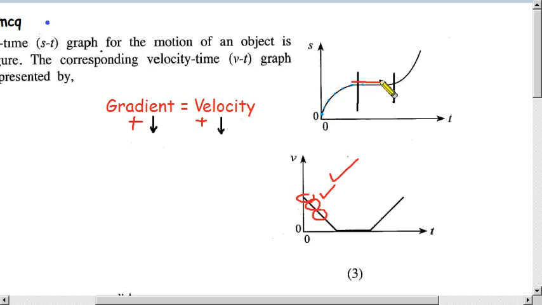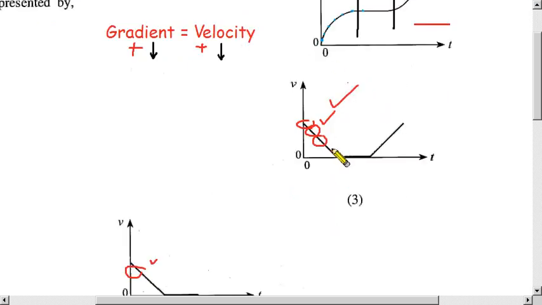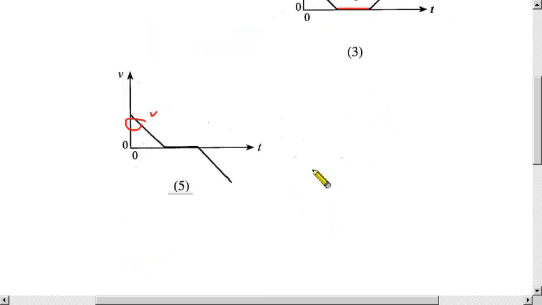What is the value for the gradient? It is 0, no angle, everywhere 0. It is not leaned right or left. It is level, 0. Therefore in this part 0, this one is correct. Again here 0, this one is correct.